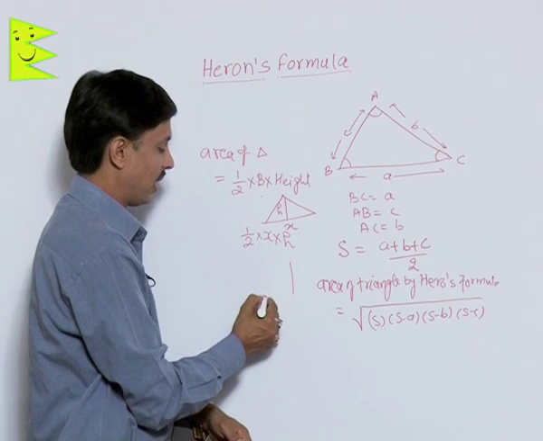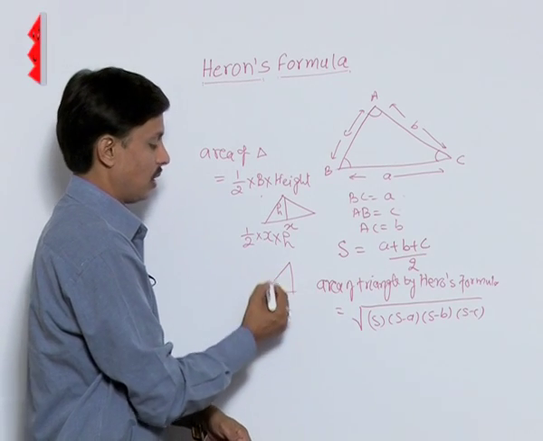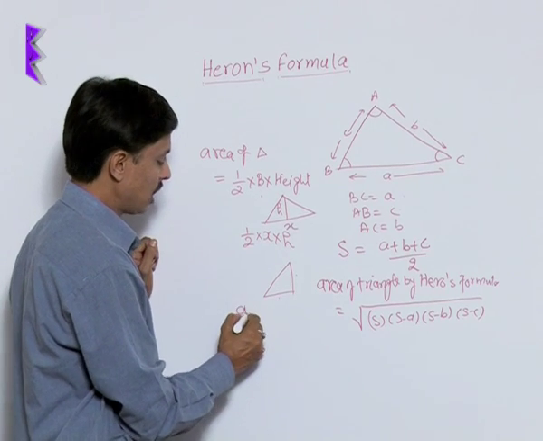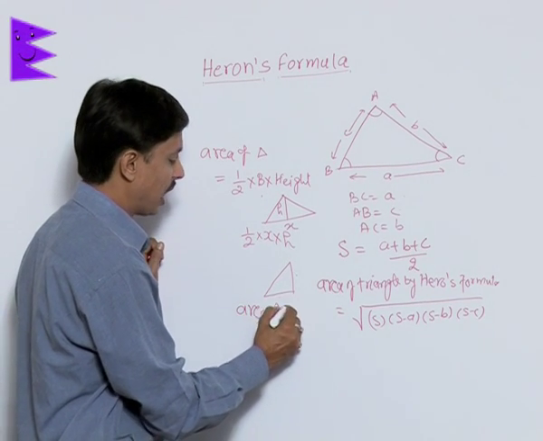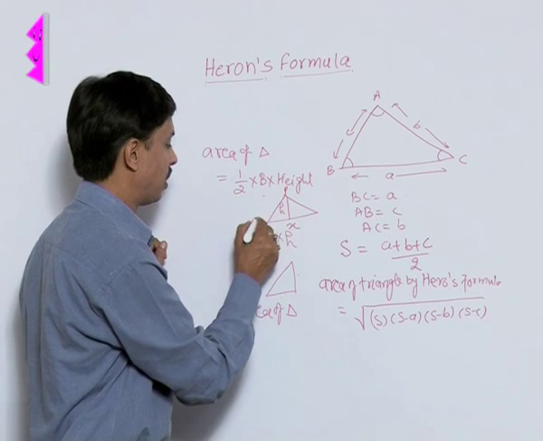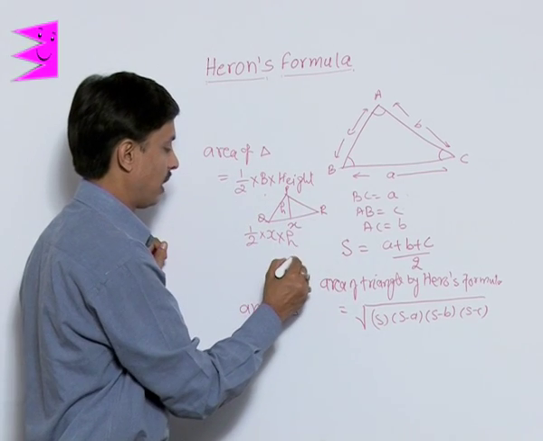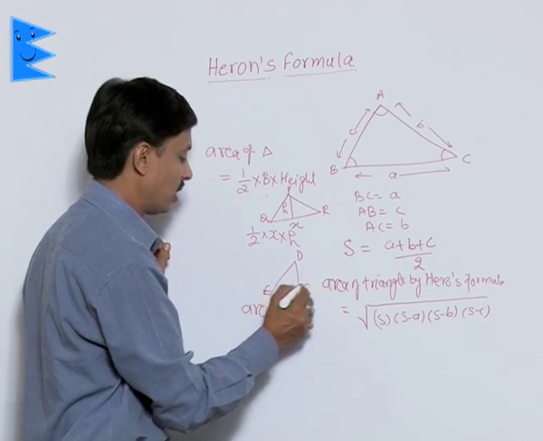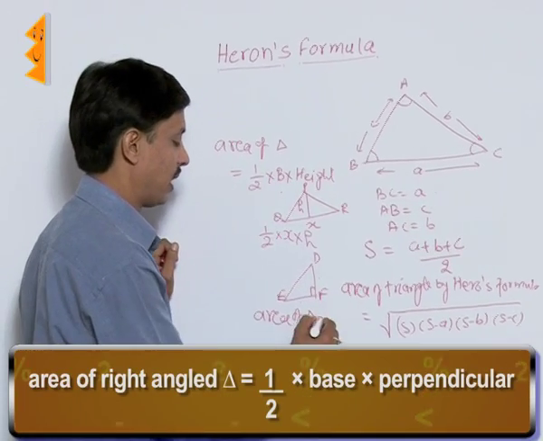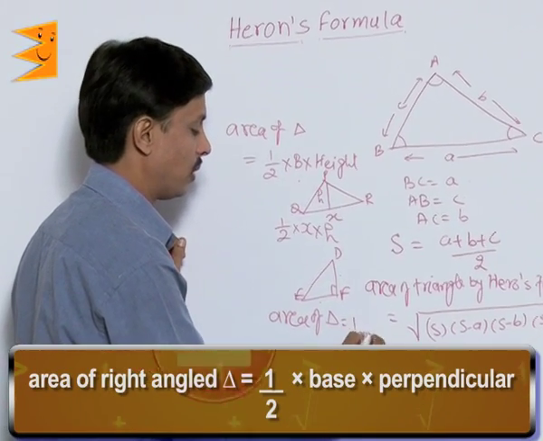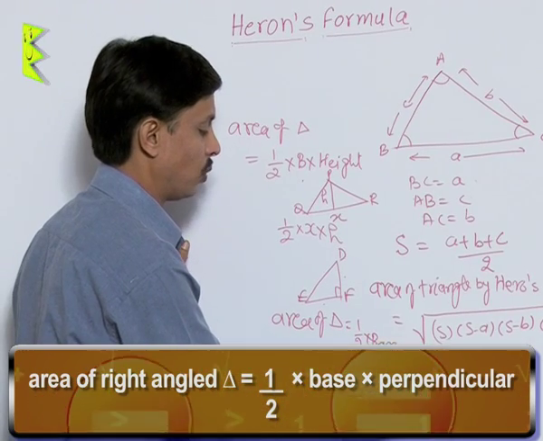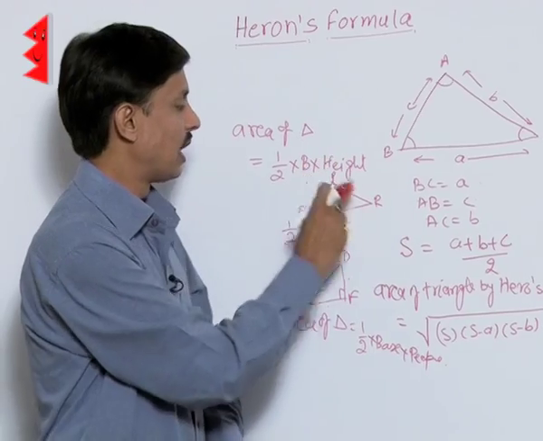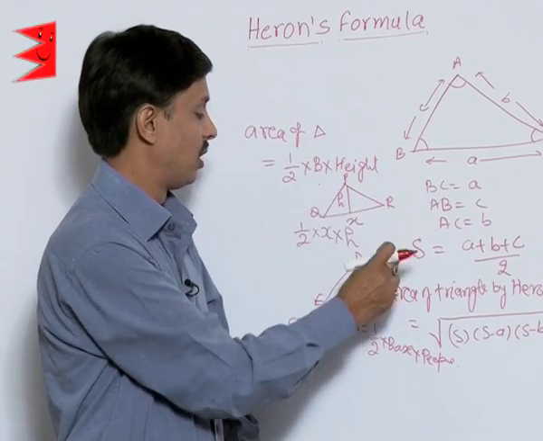Sometimes if a right angle triangle is given, we say this is the base, this is the perpendicular. So in this case, suppose this is triangle DEF. When the triangle is right angled, the area is given by half into base into perpendicular.